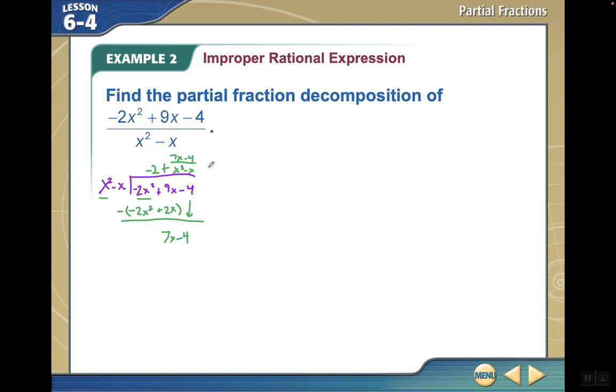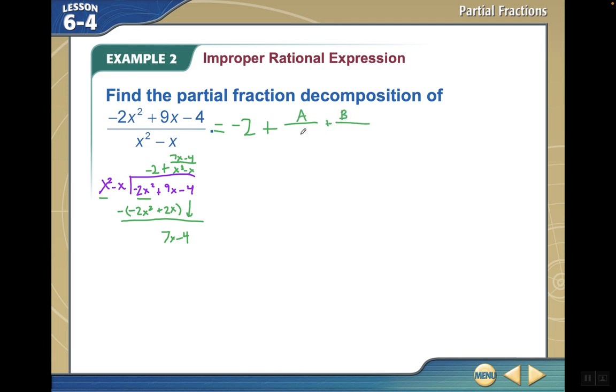Now we've decomposed this enough to know that it's going to be equal to negative 2, and then we're going to have another part. So we're going to have that A and that B part.